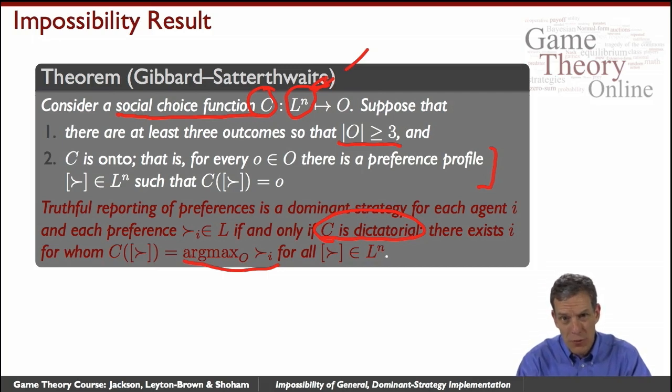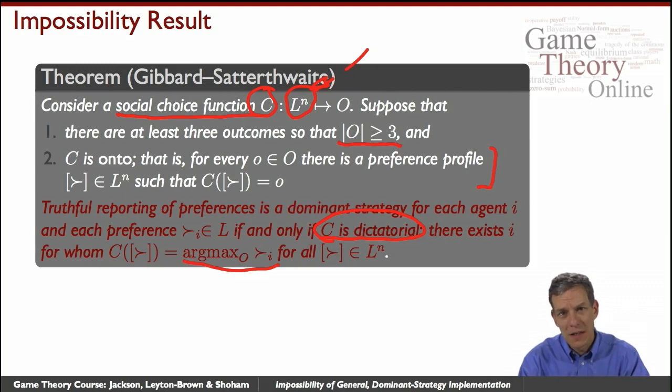There's a very elegant proof by Salvador Barbera, which works off of individuals being pivotal in terms of changing their preferences and changing the outcome, and showing that you can't have too many individuals being pivotal at once if you are going to satisfy dominant strategies.